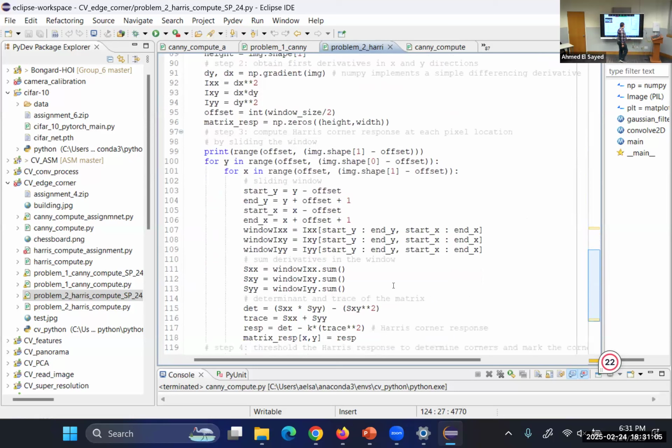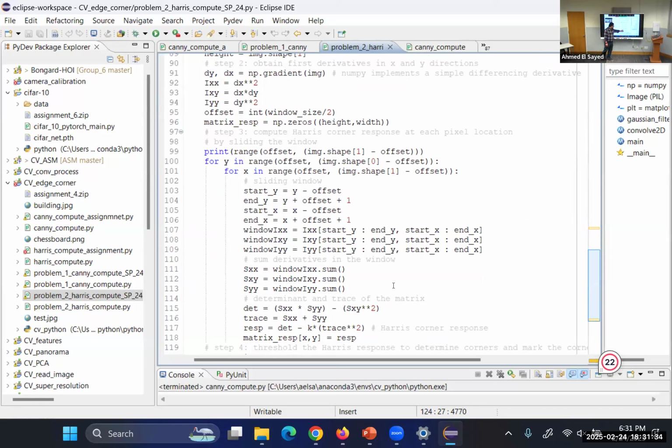Then, for each window size, I'll calculate the value of Ixx for this window size, Ixy for this window size, Iyy for this window size. For each one of them, I'll calculate the sum. This one is A. This one is C. This one is B.